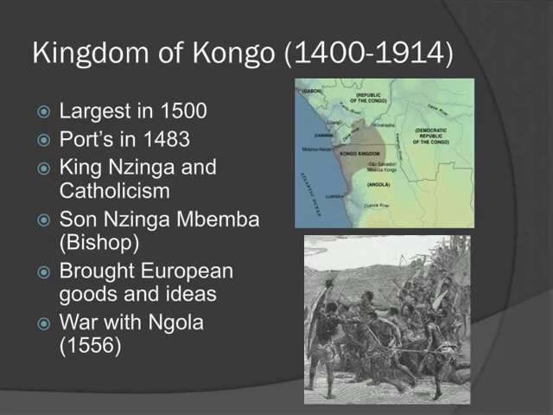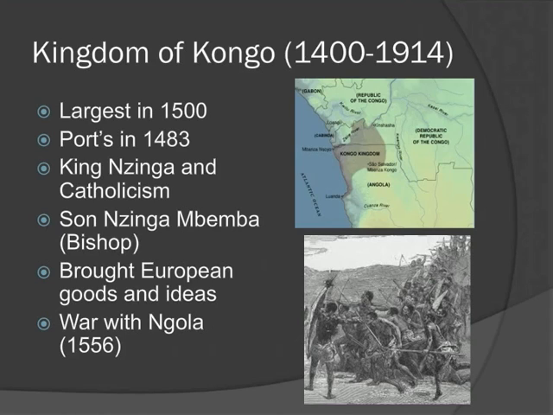Okay, so the other empire we'll talk about quickly is the Kingdom of Congo, and it's an interesting one, not only because of its longevity, but because one of the kings and his son really tried to turn it into a Catholic empire on the west side of Africa.